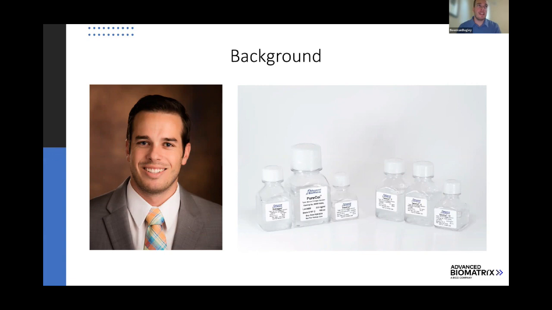I don't want to do a huge plug for the company, but I think telling a little bit about where the company started and where it's going ties a lot into why we bring these types of materials, and why we're seeing a huge spike in customers using these types of modified materials. So the very first product that we started with was a pure type 1 collagen called PureCol.